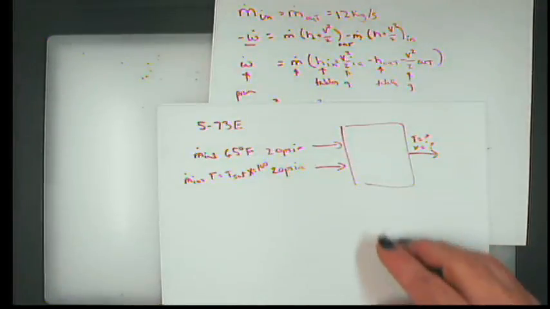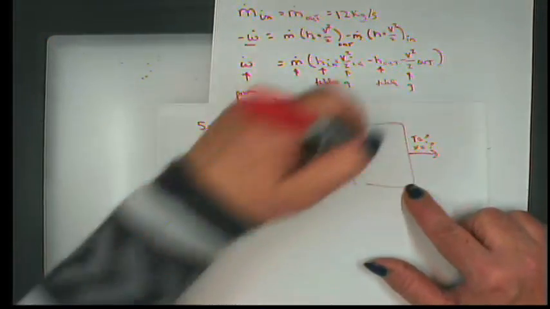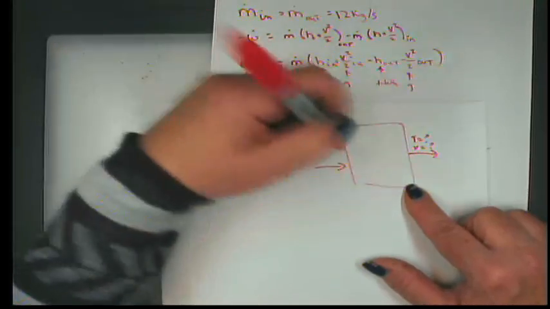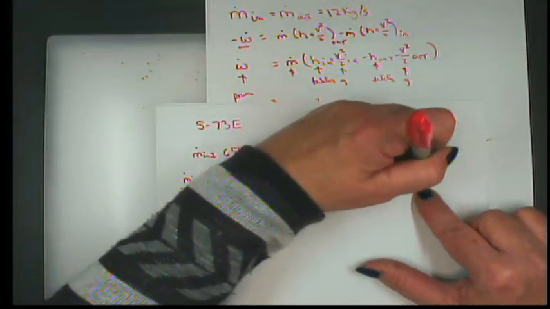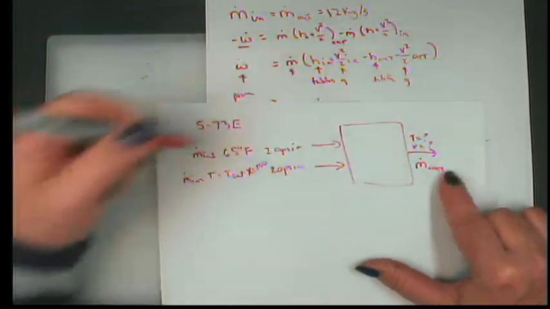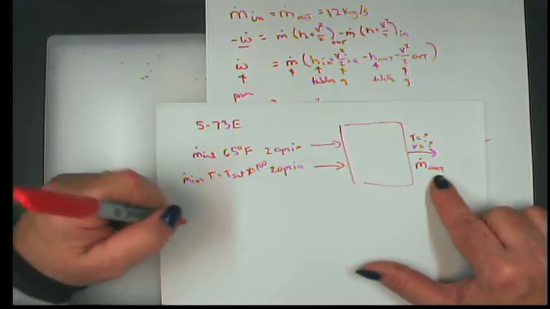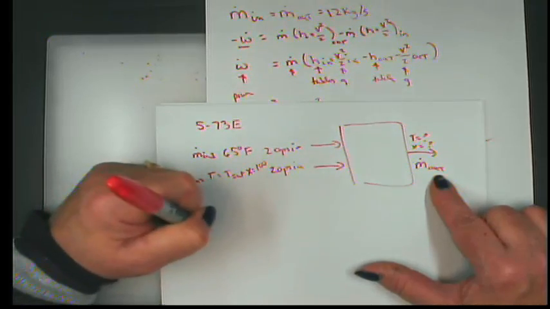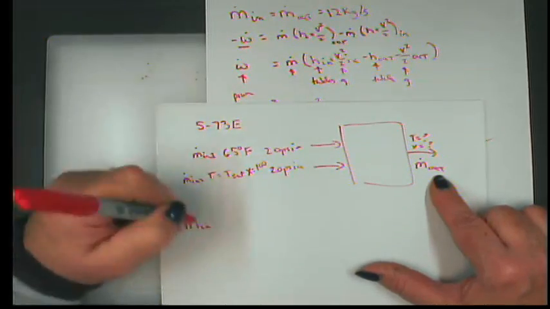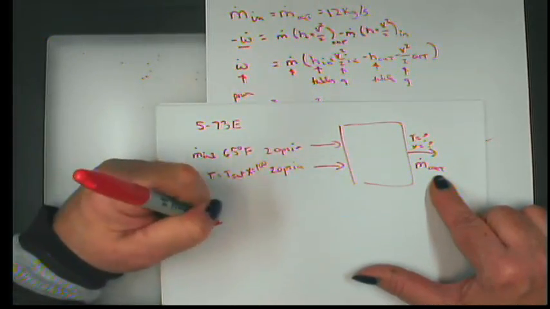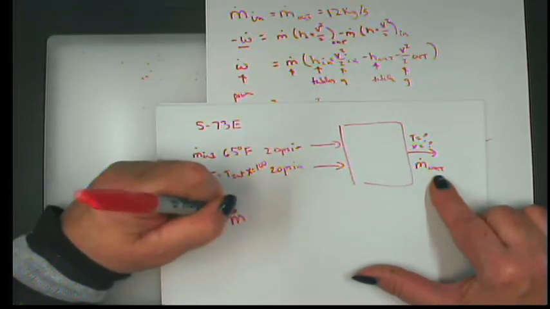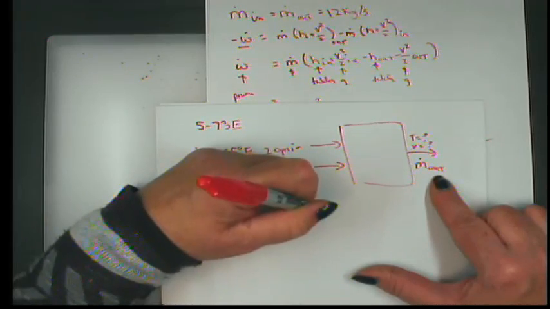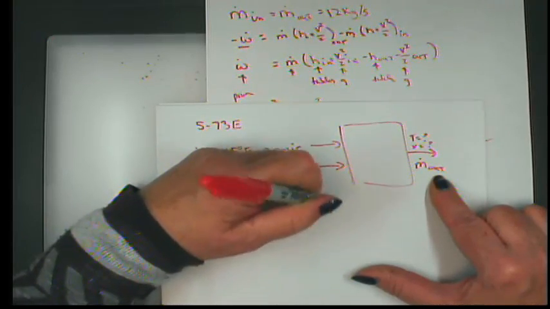All right, so what we're saying here is that in this mixing chamber, after it becomes full, the mass flow rate out is going to be equal to the sum of the mass flow rates in. So we know then from this, the summation of mass flow rates in equals the summation of mass flow rates out, because dm_CV/dt equals 0.